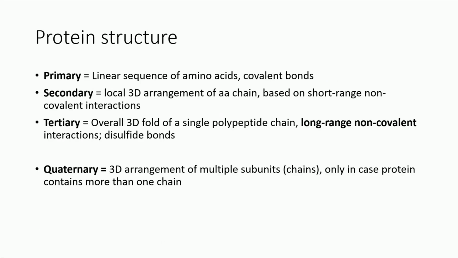So let's go now through the particular type of protein structure. I think primary is obvious, secondary as well. It is based on hydrogen bonds, and it can be based also on some disulfide bridges in case of cysteine presence in the amino acid sequence.